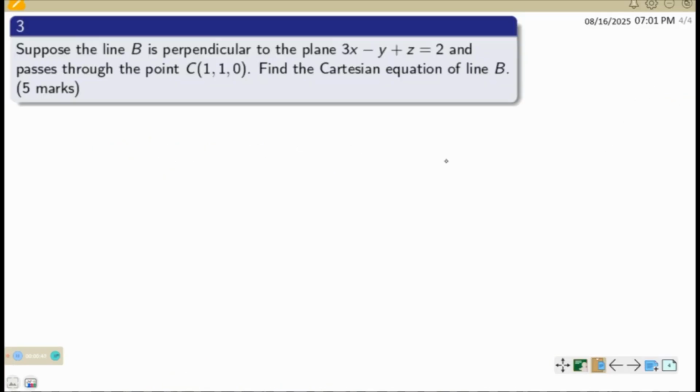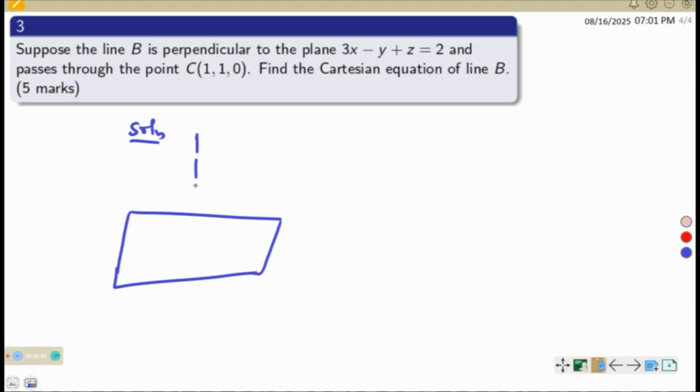So from the given information, we can come up with the representation of what we are given. One, we are told that we are having a plane. So suppose this one is our plane. As we all know, the plane is having the normal vector. So suppose this is our normal vector n, which is normal to this plane here.